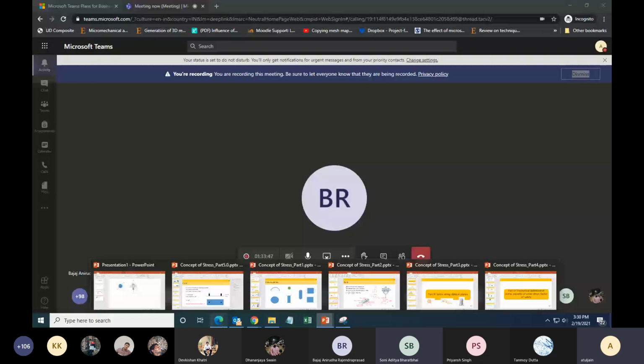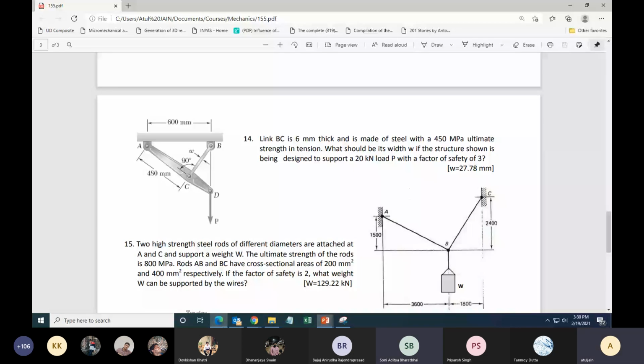Problem 14, anybody is having a problem? Sir, if the direction of P was opposite, then BC would be in compression. Yes, but the point is, since the diameter of the pin is not given, we are making the assumption that the diameter of the pin is negligible as compared to the width.